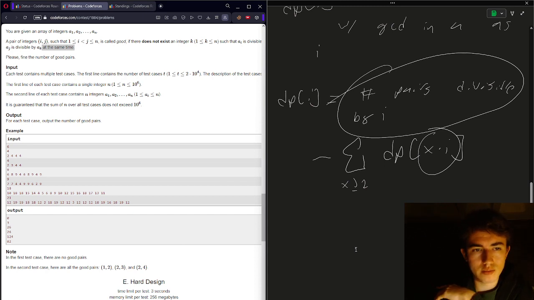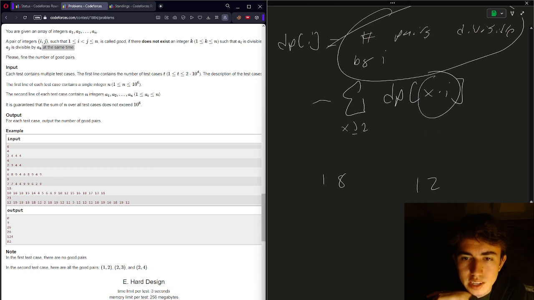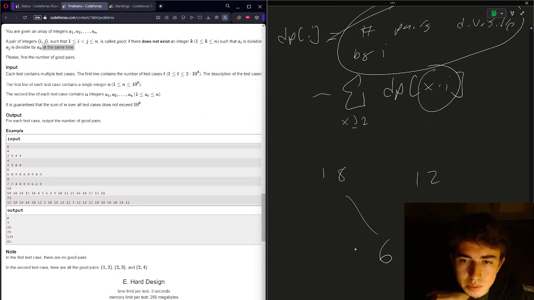Okay, so you have 18 in the set, being the GCD. You have like 12 in the set, being the GCD. And then you have 6, and you subtract from 6 twice. What?